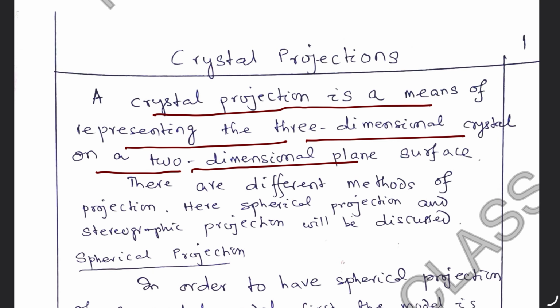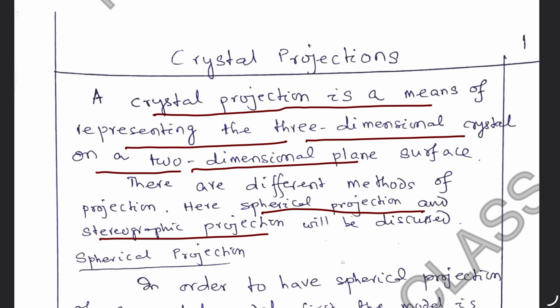And there are two ways by which we can project the crystals. One is the spherical projection, the other is the stereographic projection. So let us discuss these two methods of projection.